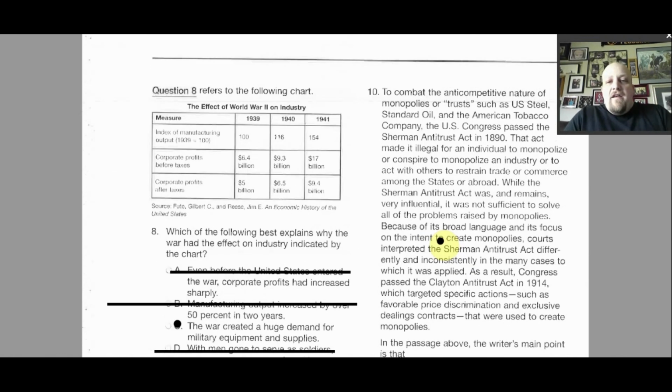So number 10, to combat the anti-competitive nature of monopolies or trusts, such as U.S. Steel, Standard Oil, and American Tobacco Company, the U.S. Congress passed the Sherman Antitrust Act in 1890. So basically what that means is to combat and fight one company owning a huge portion of something.